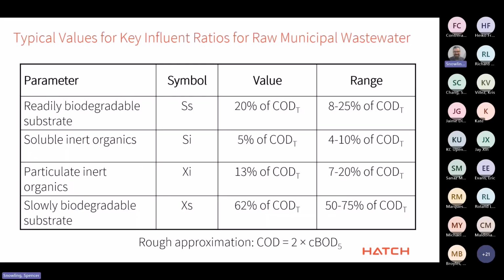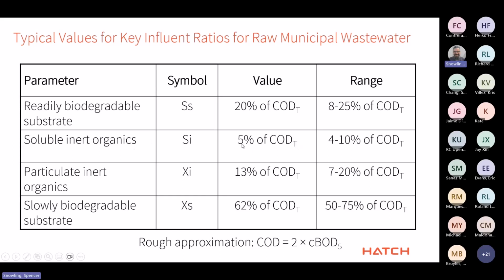So I'm providing this little chart here. This is one that we talk about a lot in our training sessions that is a rough range of our experience calibrating a lot of models over the years. And you can see these ranges. These are actually the GPS-X defaults here, 5% of total COD for the soluble inert material.